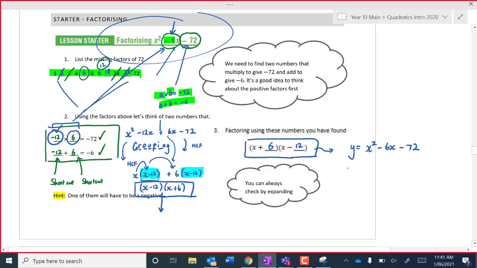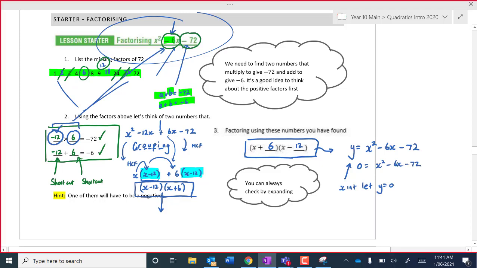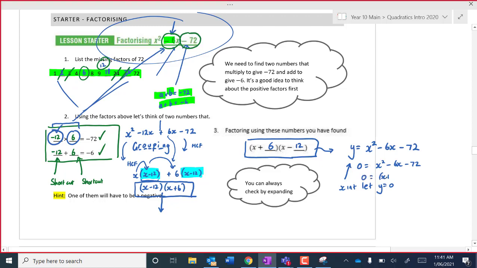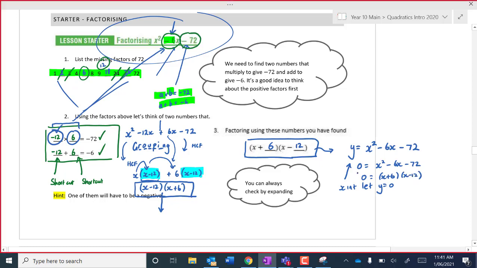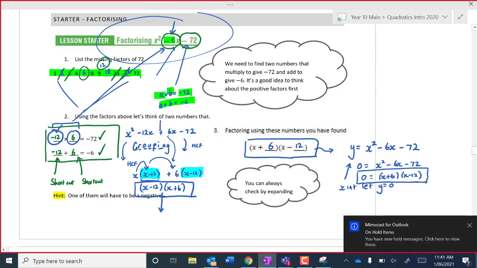And let's say the x-intercepts, we let y equal 0 to find those. So if I do that, then I've got this. Now, that's not very useful at the moment. But if I factorize this, which we've done, this is x plus 6 and x minus 12, what you'll notice is that there's only 2 ways in which this statement can be true.